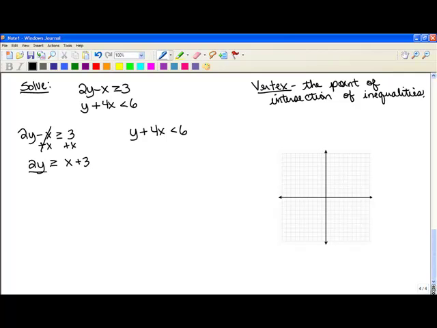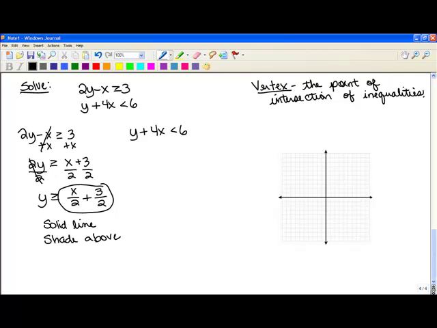And then divide by 2. Now for this inequality, we need to use a solid line, and we will shade above.